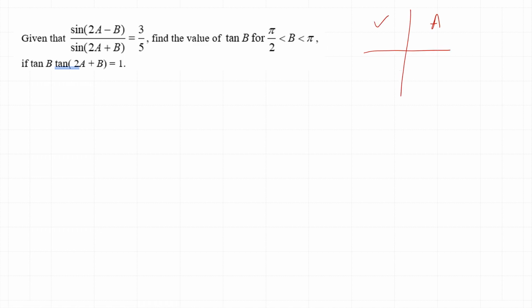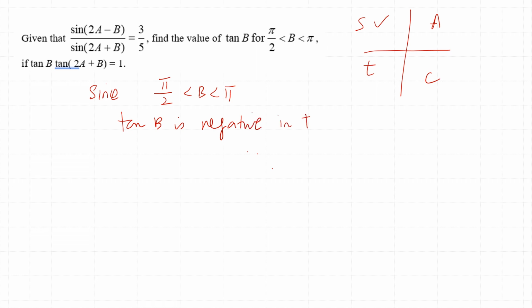So if you were to, again, use your ASTC, only sine is positive in the second quadrant. Tangent is negative. So since your angle b must be between pi over 2 to pi, tangent b is negative in the second quadrant.